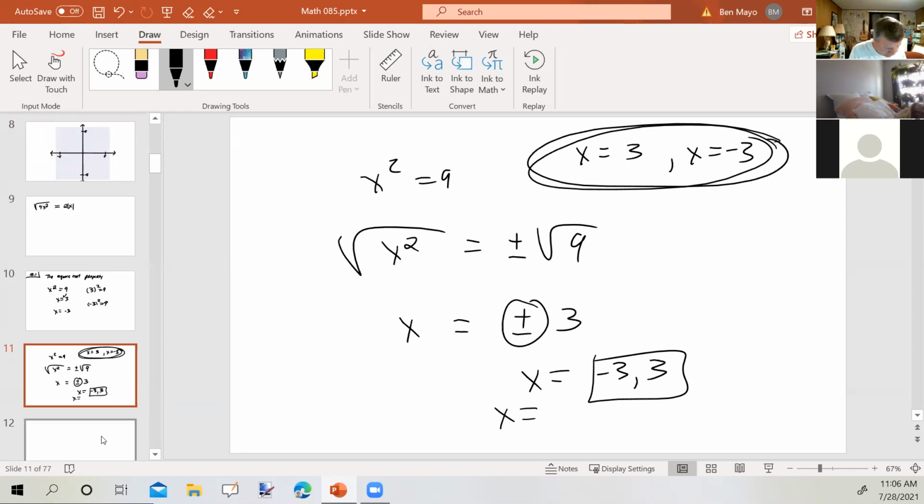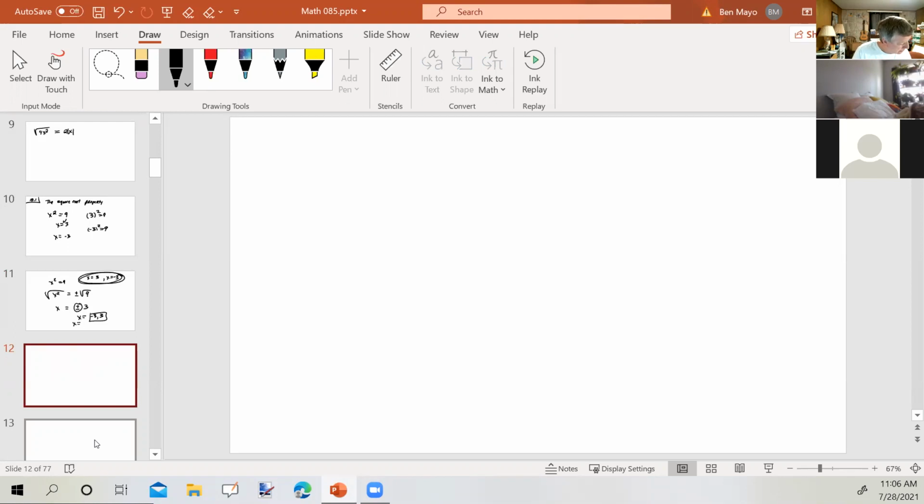All righty. Here's another problem. Put on my glasses so I can see. All right. We have w squared minus 47 equals 0. So the form we want, on one side of the equation, we want a perfect square containing a variable, and on the other side of the equation, we want the constant term.